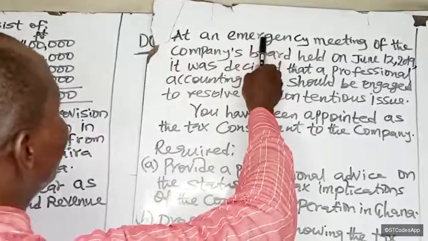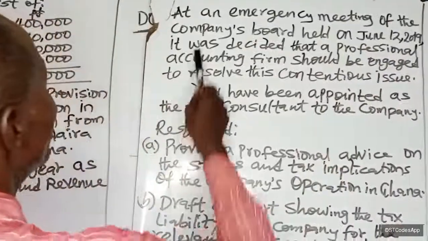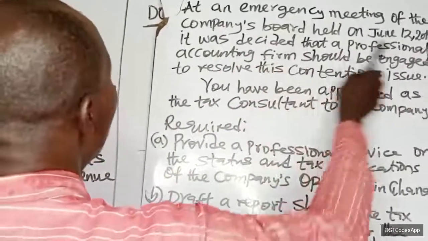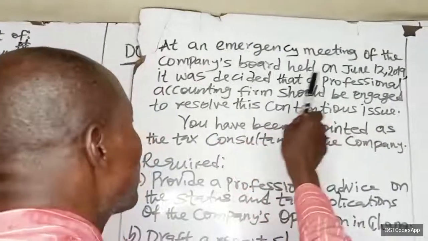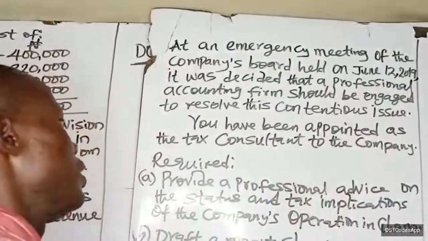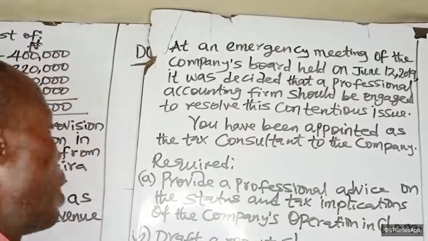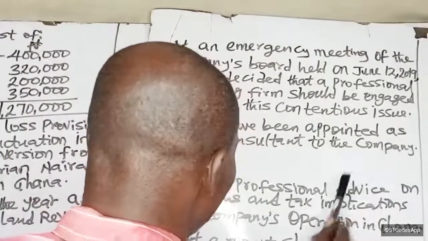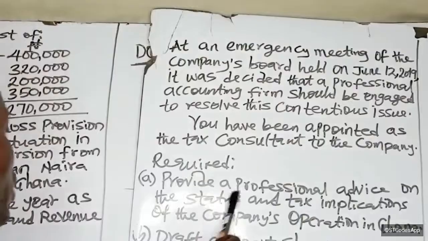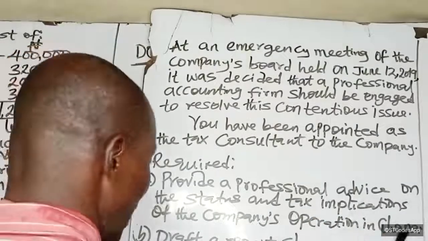At an emergency meeting of the company's board held on June 12, 2019, it was decided that a professional accounting firm should be engaged to resolve this contentious issue. You have been appointed as the tax consultant to the company. Required: A. Provide professional advice on the status and tax implications of the company's operation in Ghana.